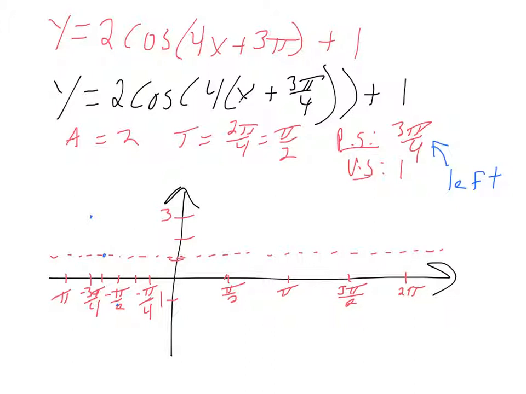Then back up to our midline value at negative 3 pi over 8, and then back up to our maximum at negative pi over 4. So it should look something like that. So that's one full cycle. And then we're just going to fill that in all the way to 2 pi, let's say.